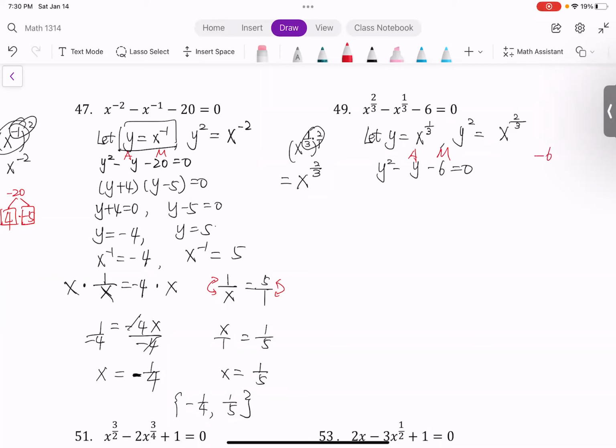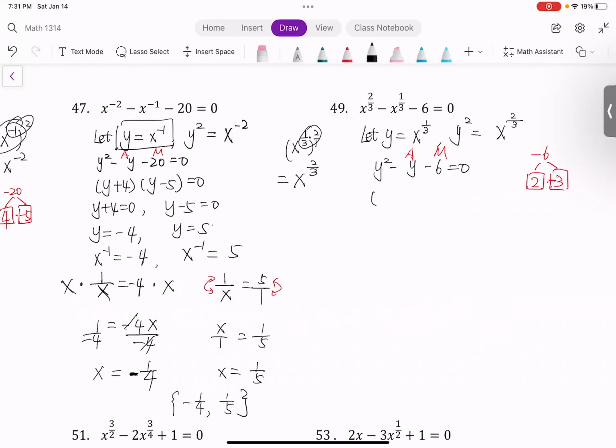So M is -6. Find two factors. Multiplication is -6. Addition is -1. What are they? They must be 2 and 3. One of them must be negative. I give negative sign to 3. So we have the factored form is y plus 2 times y minus 3 equals 0.